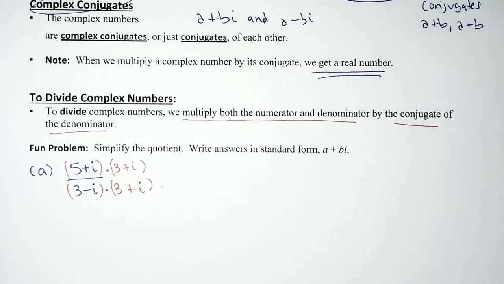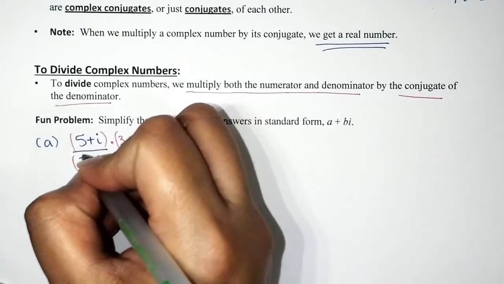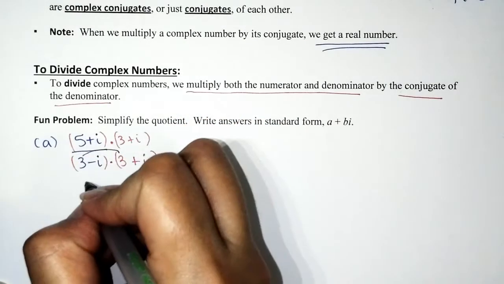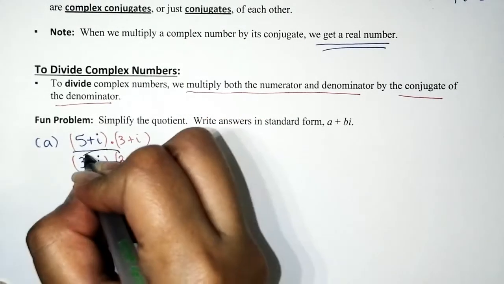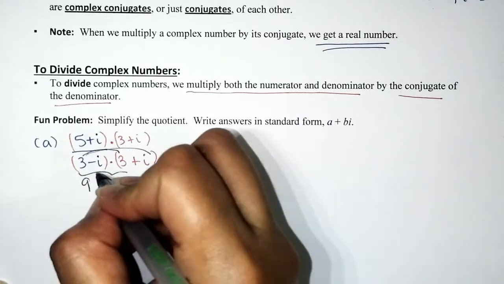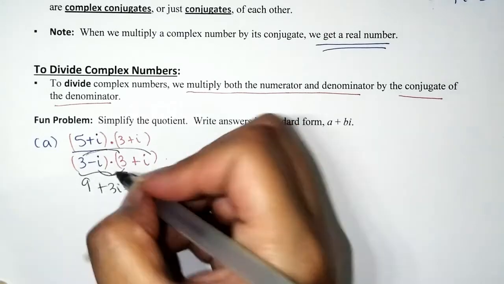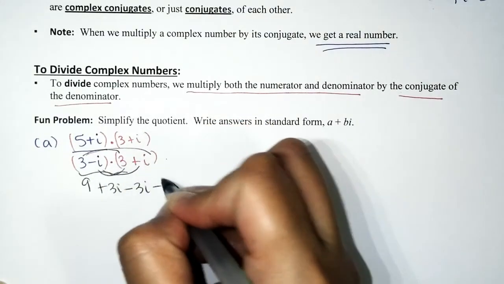But I'm just going to FOIL it out. The product of the first terms, 3 times 3, gives us 9. The outer terms give us 3 times i, the inner terms give us negative i times 3, or negative 3i, and the last terms give us negative i squared.